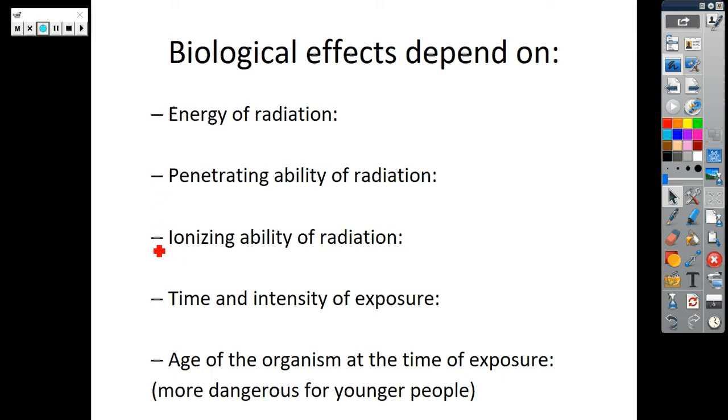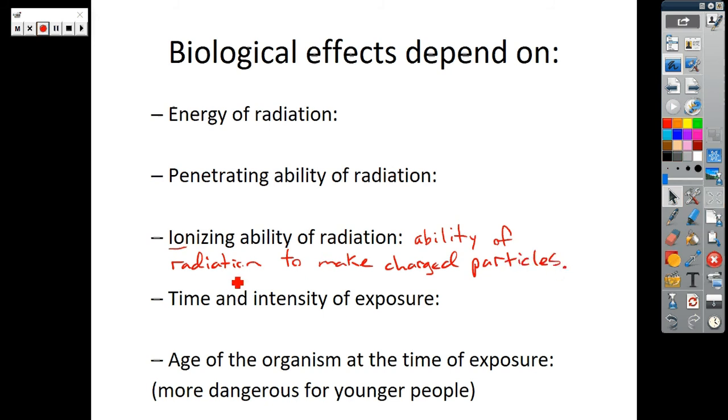The ionizing ability of the radiation. Now, I know this far in the course we haven't talked a whole lot about ions, but basically, when we're talking about the ionizing ability of the radiation, we're talking about the ability of the radiation to make charged particles.